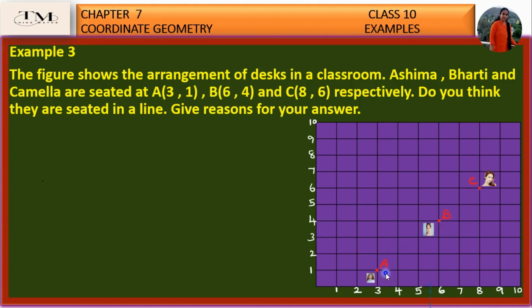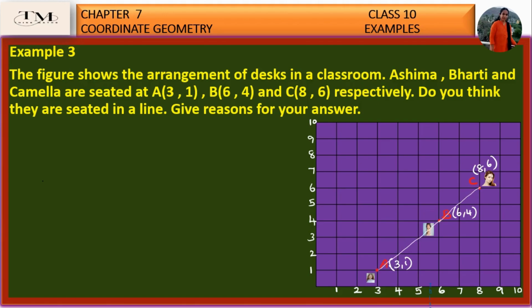So this girl is seated at (3, 1). Bharti is seated at (6, 4). Kamala is seated at (8, 6). We have to show that they form a line. So if you join these, it should form a line.